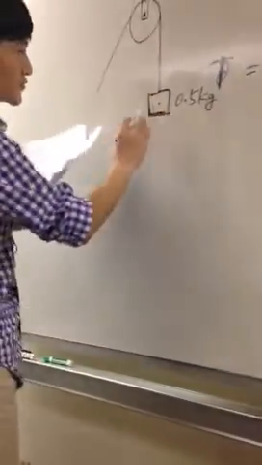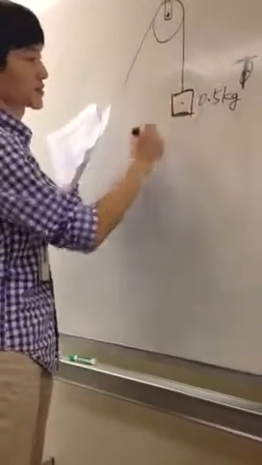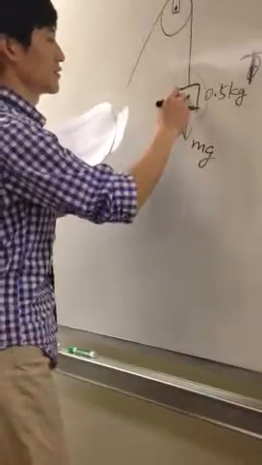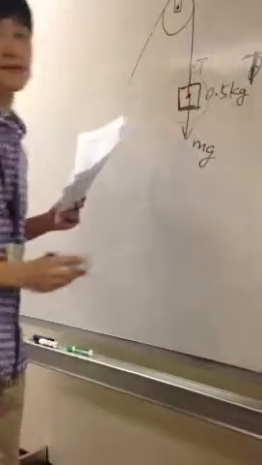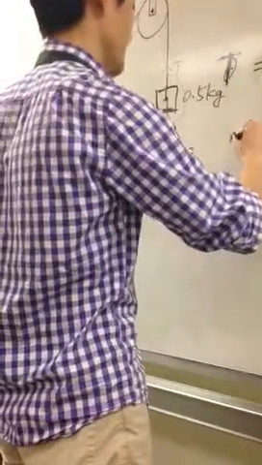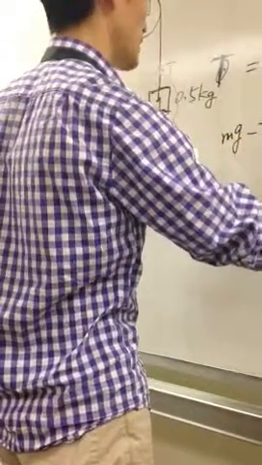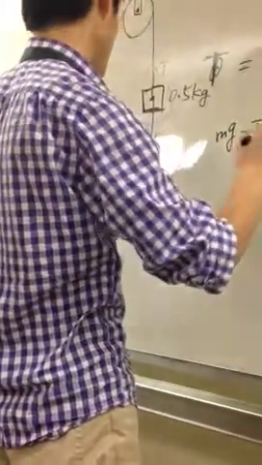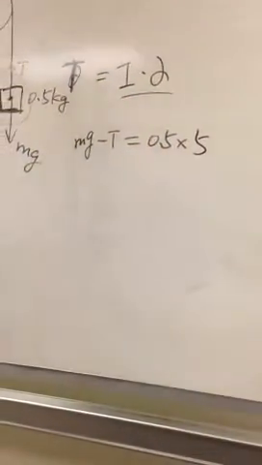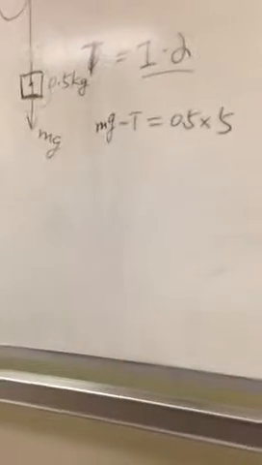First we can analyze this object. There is gravity, and then minus the tension equals MA. Yeah, exactly. Gravity minus tension is equal to ma, where the acceleration is 5 meters per second squared, right?